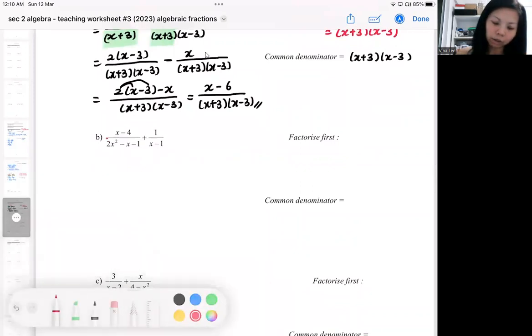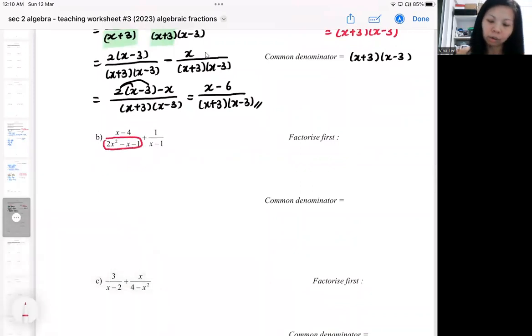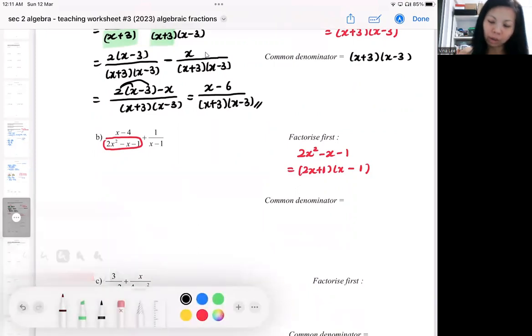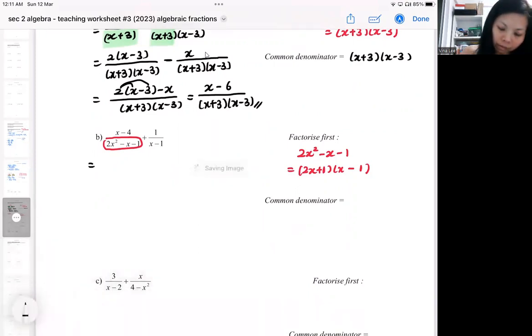the factorization is the kind that you got to use your cross method or your tic-tac-toe method. By now, I hope you can already master this. Okay, so that's how I do it. Once you master this, make sure there's no sign error. You look at the first fraction, the first denominator.